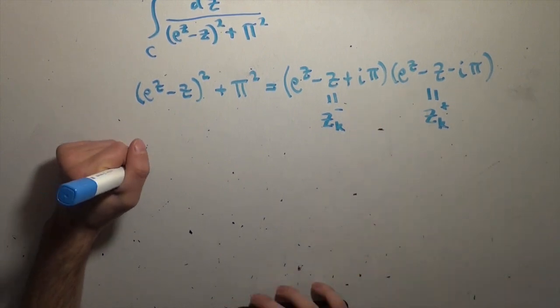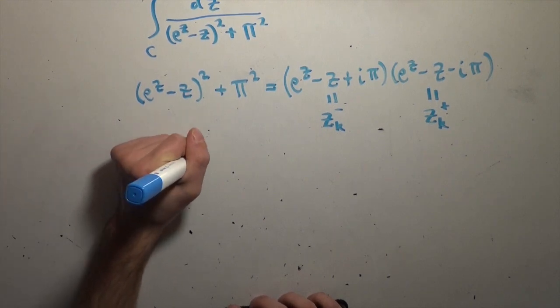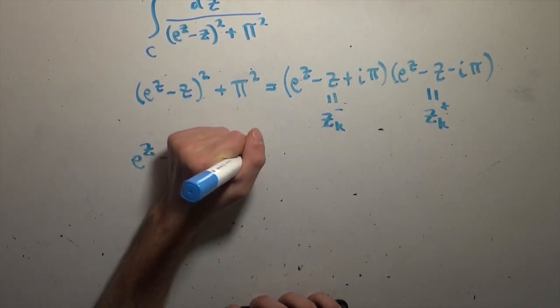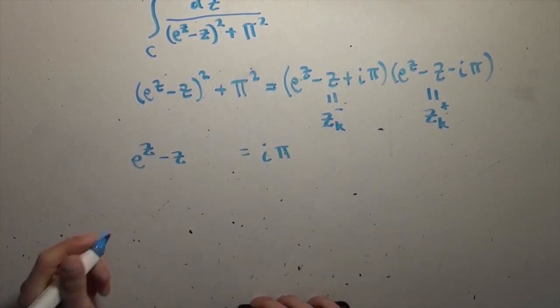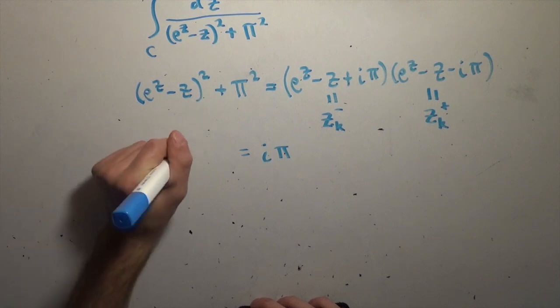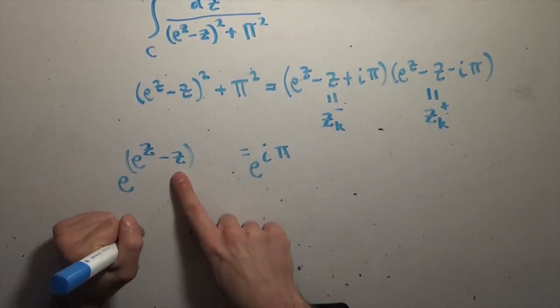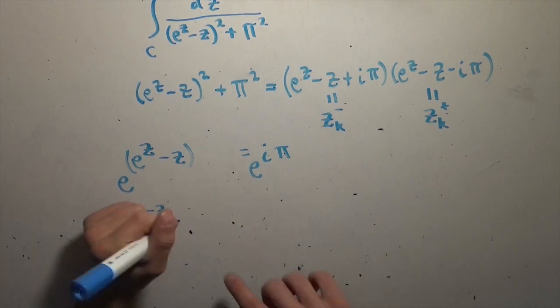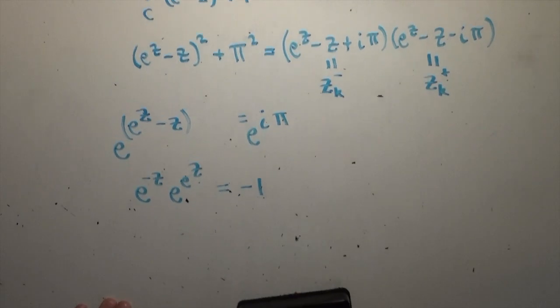So we'll solve this one. So we have e to the z minus z minus i pi equals 0. Adding i pi over, we simply get that expression there. Now we simply exponentiate both sides, as in raise e to both sides, and we get e to the negative z times e to the z equals e to the i pi, which is of course negative 1, right?